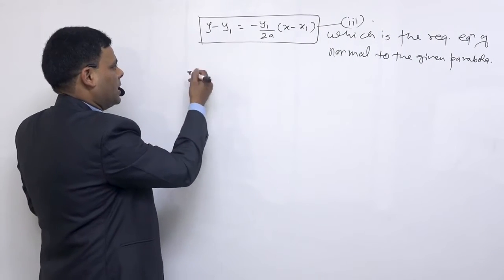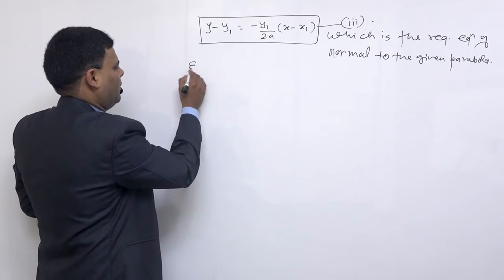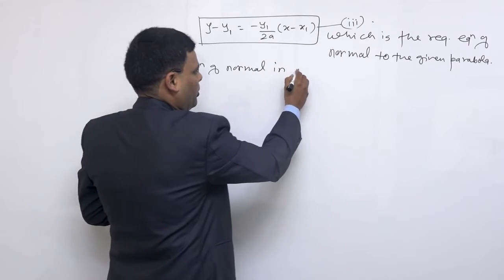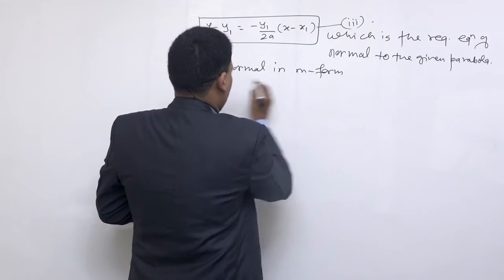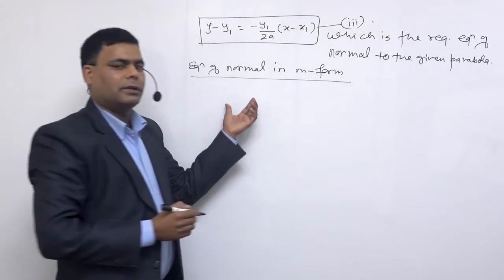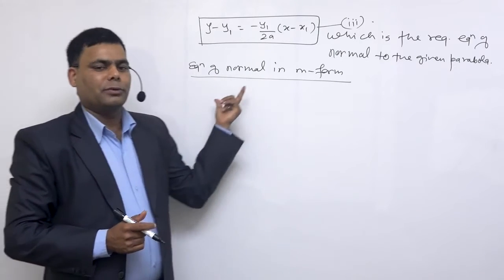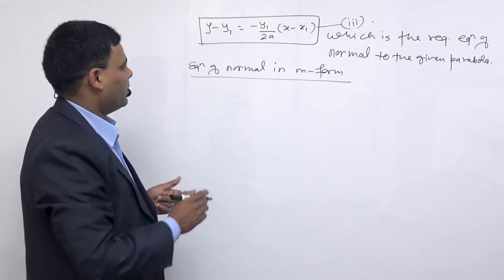Now the last part, the equation of normal in m form. Now we have to find the equation of the normal in m form or slope form. Let us derive what the equation of normal in slope form is.